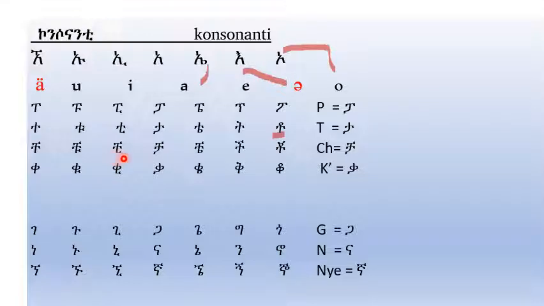Che, chu, chi, cha, che, cho. This is the equivalent. You can replace cha in Swahili with one letter. Then this is the explosive one in Amharic. I put this here. Maybe we have no place for this in Swahili. Maybe we need it.